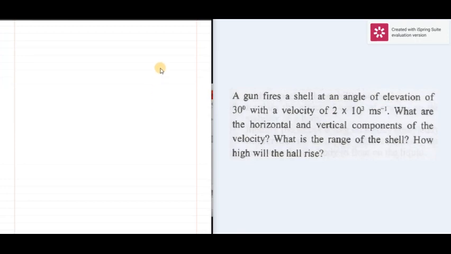Then we solve for the maximum height, h. The expression for that is given as u square sine square theta all over 2g. Substitute the value.